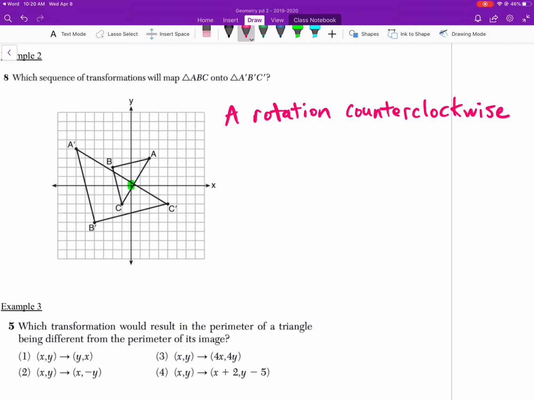If I connect A to the origin and then to A prime, what type of angle would that make? Hopefully you see that that's a 90-degree angle. So it should be 90 degrees, but let's make sure we check that. Let's connect B to the origin to B prime. Yep, that looks like a 90-degree angle. And then C to the origin to C prime. We can check, yes. So 90 degrees.